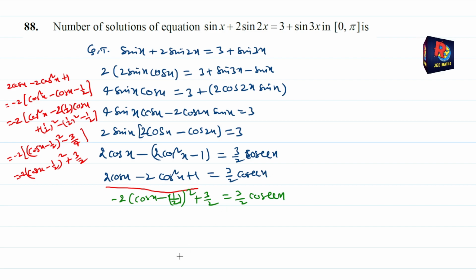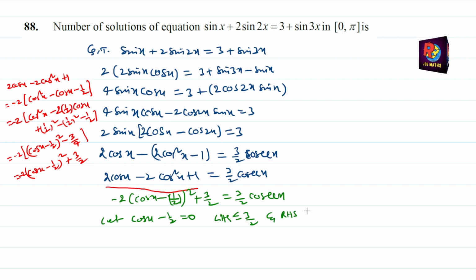Now here we can observe this. If cos x minus 1 by 2 equals 0, then the LHS value equals 3 by 2. The LHS value should be less than or equal to 3 by 2, so the RHS value should be greater than or equal to 3 by 2.